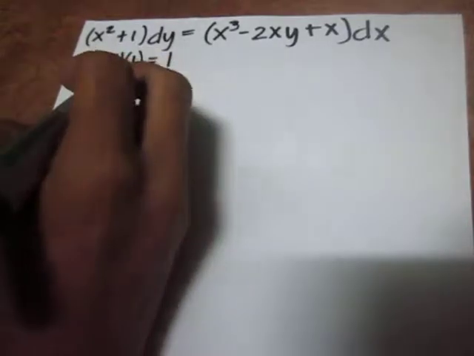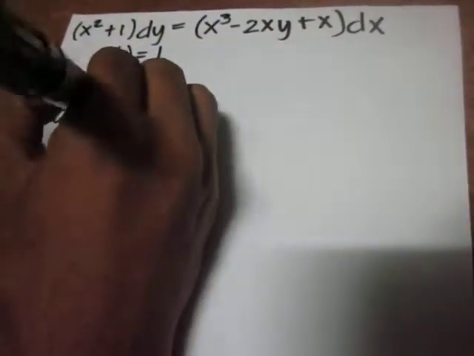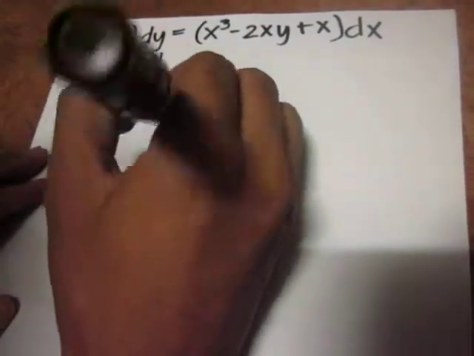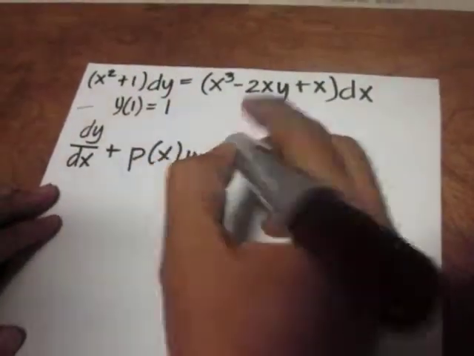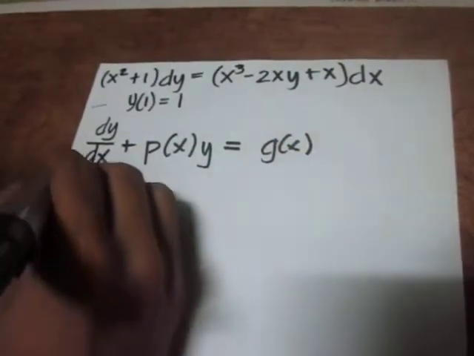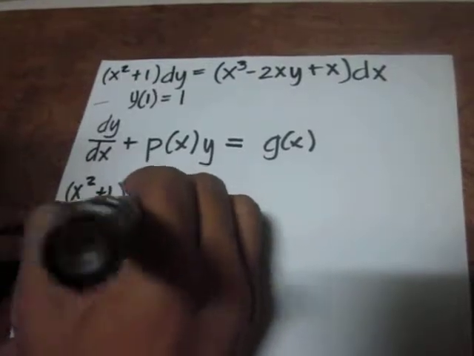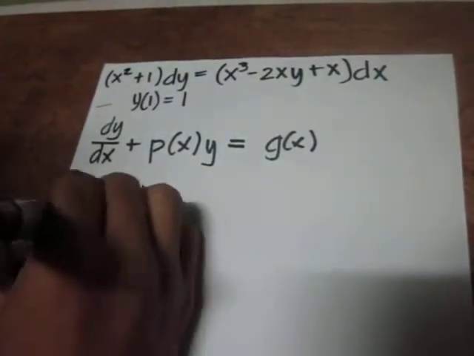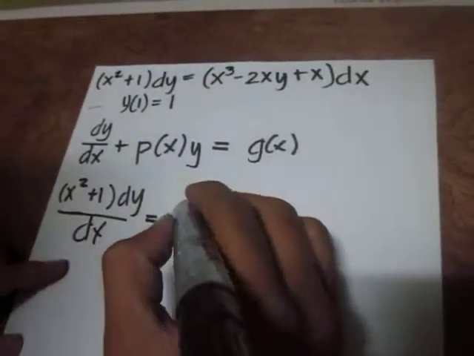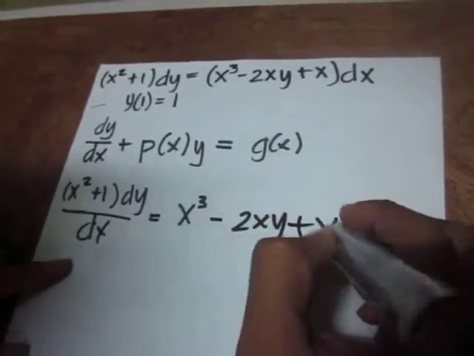construct this into standard form, which is dy over dx plus p of x y is equal to g of x. So (x squared plus 1) dy over dx is equal to x cubed minus 2xy plus x.